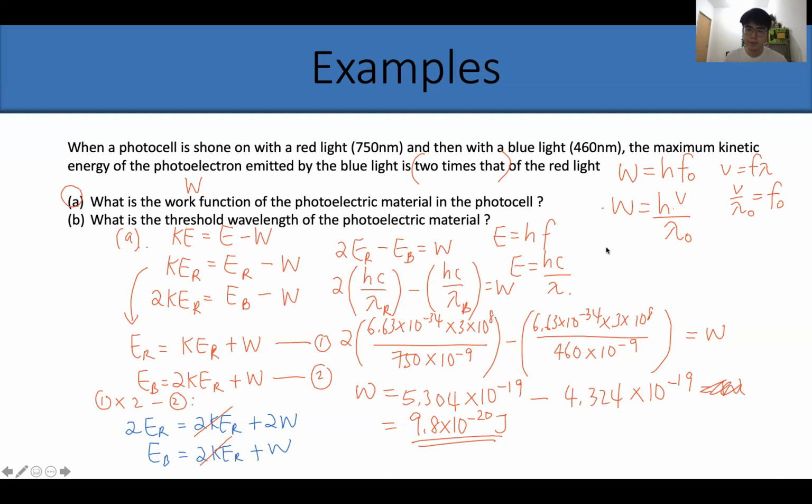Okay, so you already have the values. 9.8 times 10 minus 20 equals 6.63 times 10 minus 34 times 3 times 10 to the power 8 over lambda threshold. Okay, so answer is 2.03 times 10 minus 6.